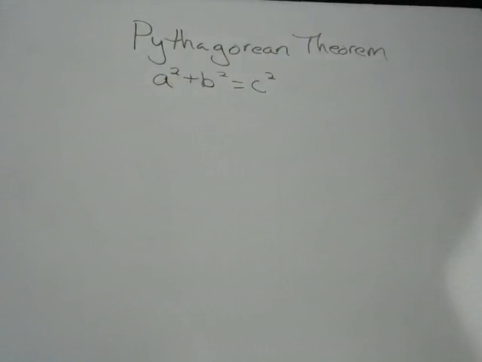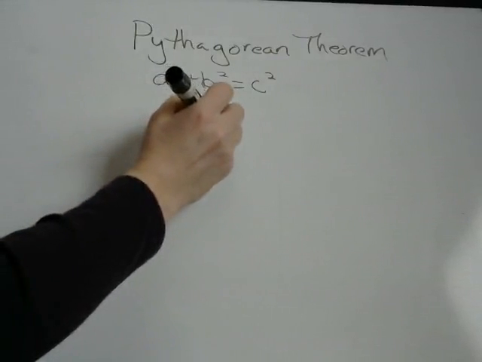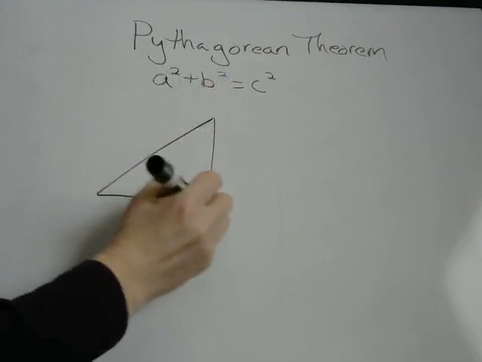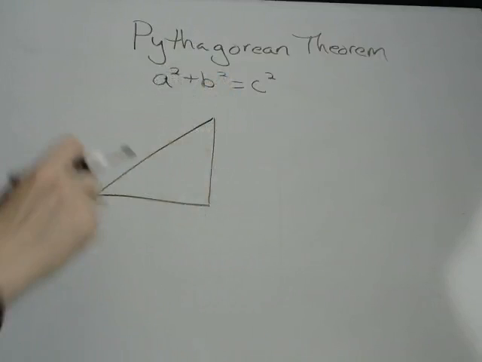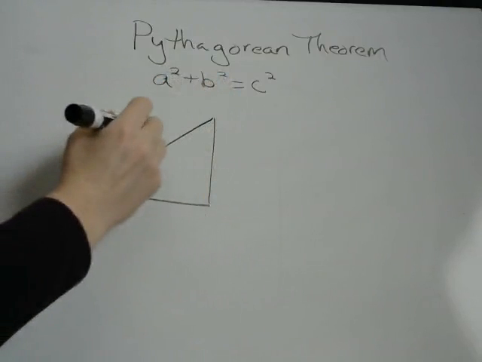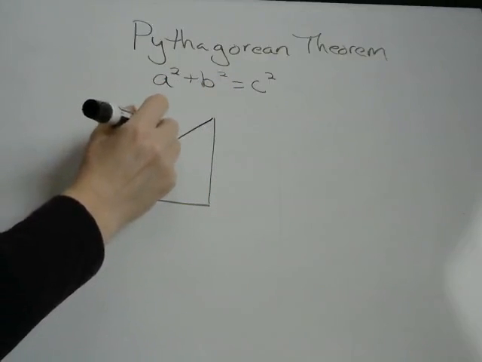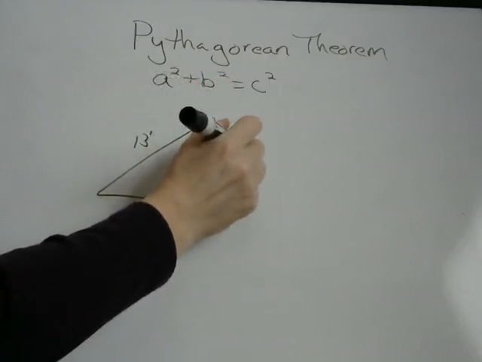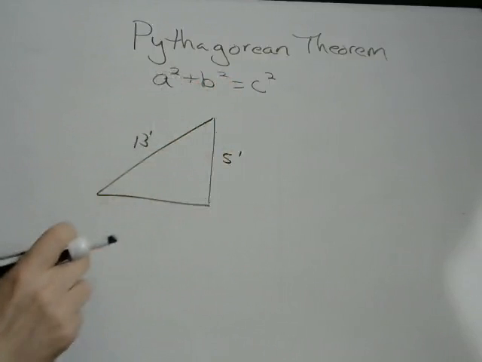Let's say you have a triangle, and they may give this to you in words, like you have a ladder leaning against a wall. The ladder is 13 feet. The height from the bottom to the top of the ladder is 5 feet. What's the distance along the bottom?